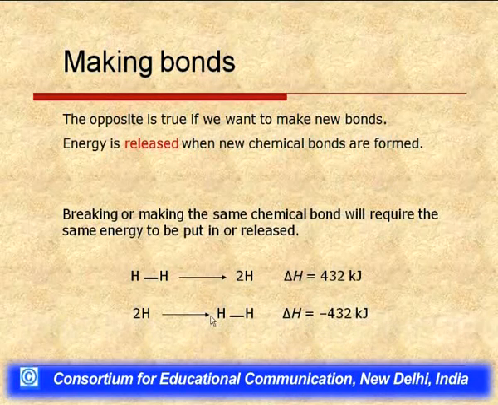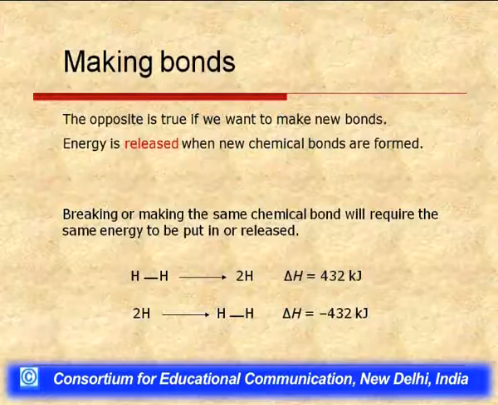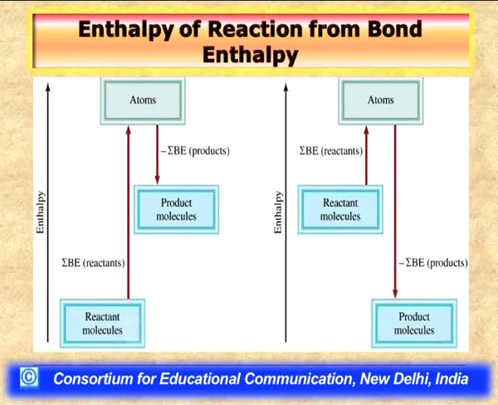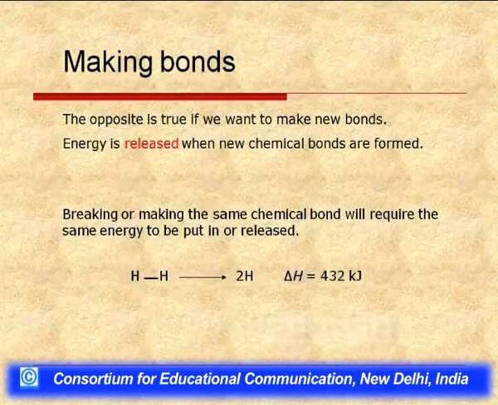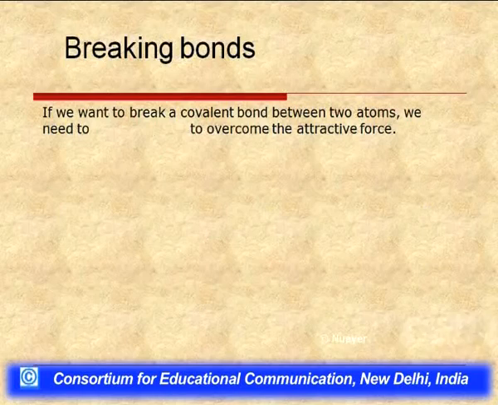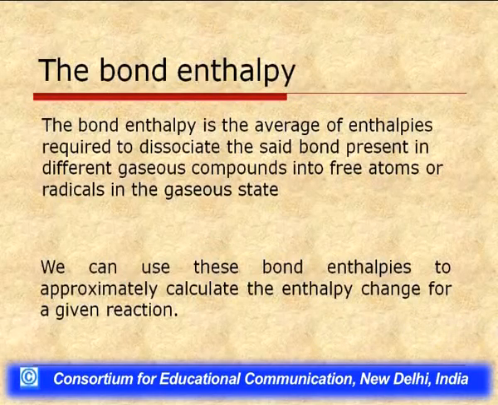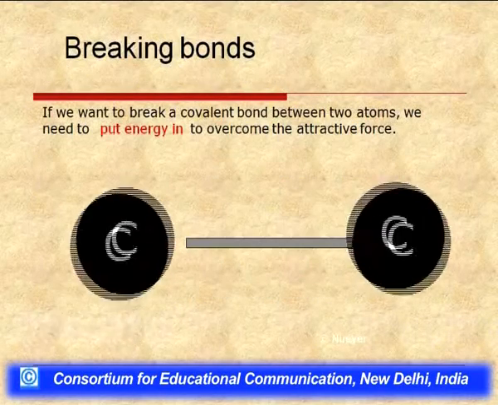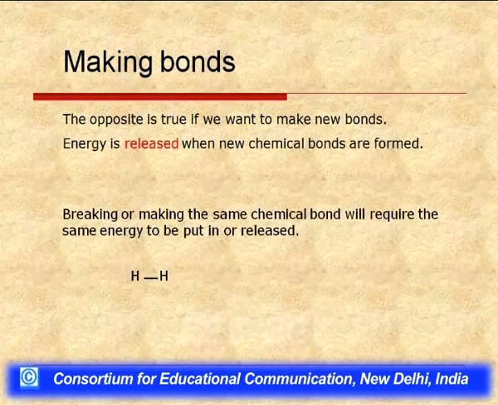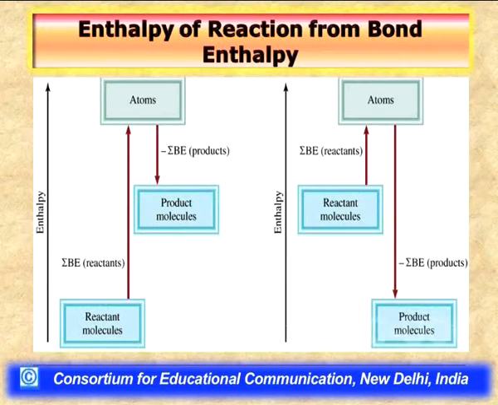So it becomes important to understand that bond breaking is an endothermic process and bond making is an exothermic process. Now the question arises: in what way can we make use of data on bond enthalpy to get the value of the enthalpy of reaction?